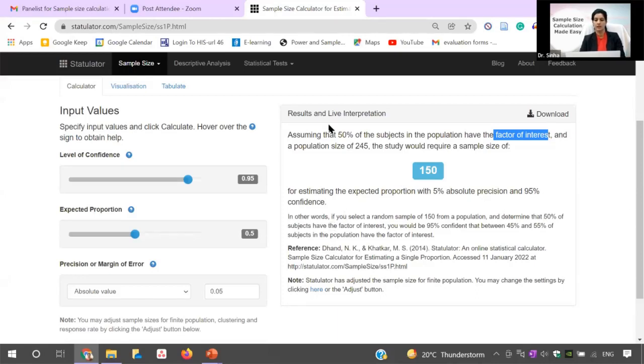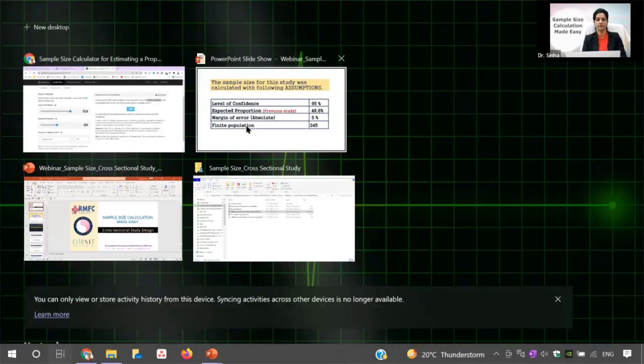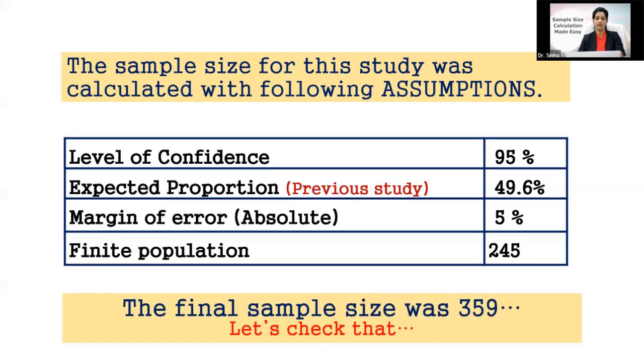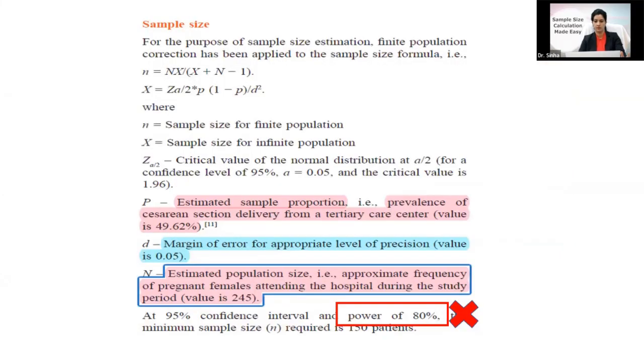And now see what the author has mentioned. If you see, the author is saying that the sample size was 359. You can see the write-up. No, sorry, the author is saying a minimum sample size of 150 patients. That is a typo.